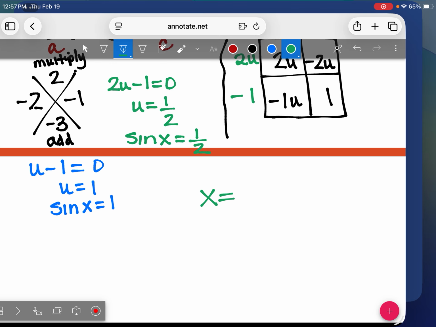So you should be looking in quadrants 1 and 2, right? So what's the first one? Pi over 6. And what's my next one? 5 pi over 6. And then lastly, where is sine positive 1? Pi over 2. And that would be my answers. We have 3 answers, and that is it.